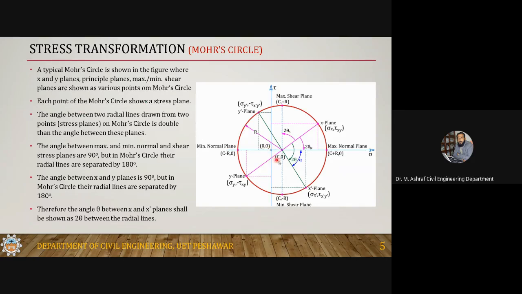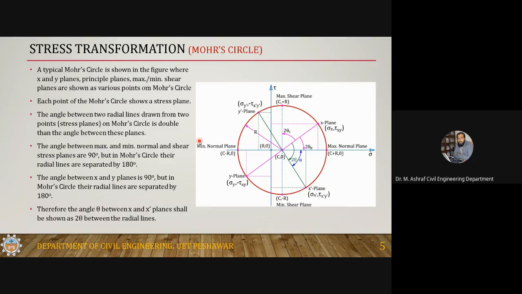So you calculated the value of C. So just locate first the center point. Take a graph paper, select the origin and the sigma and the tau plane, and then select a certain scale, like you can say that 10 MPa is equal to 1 centimeter, an appropriate scale, so that you can accommodate the whole circle in the available space.